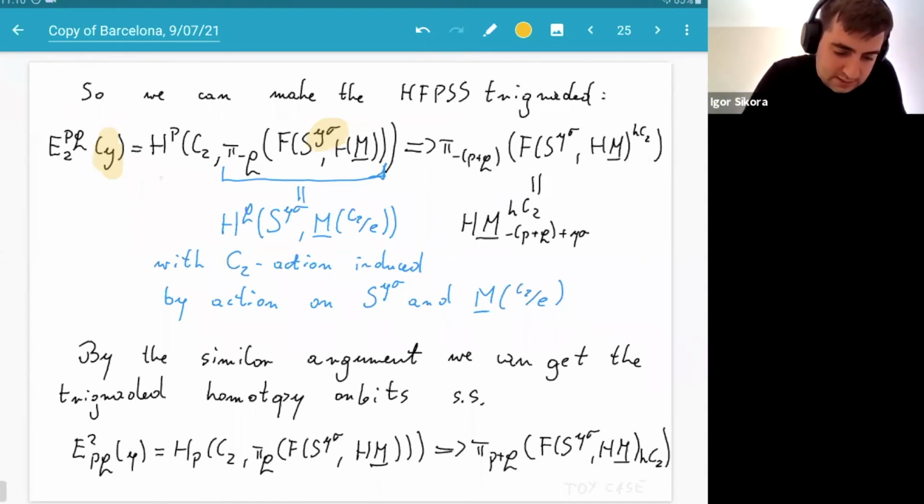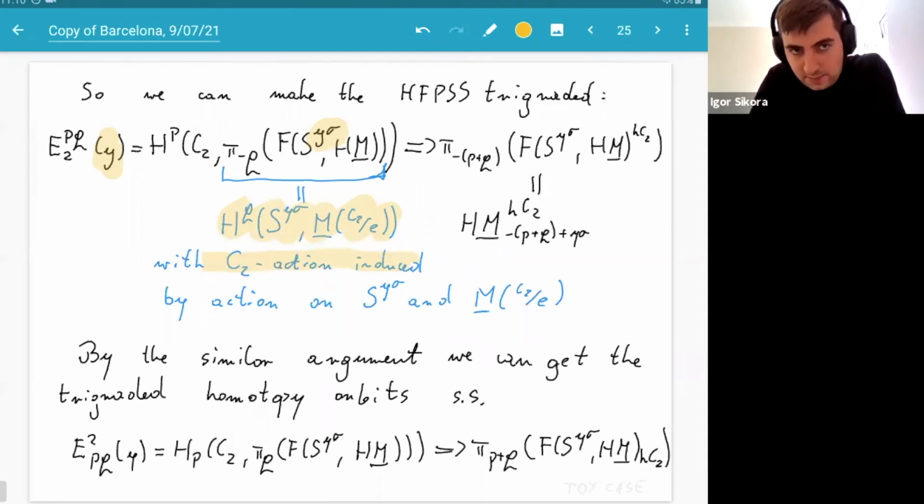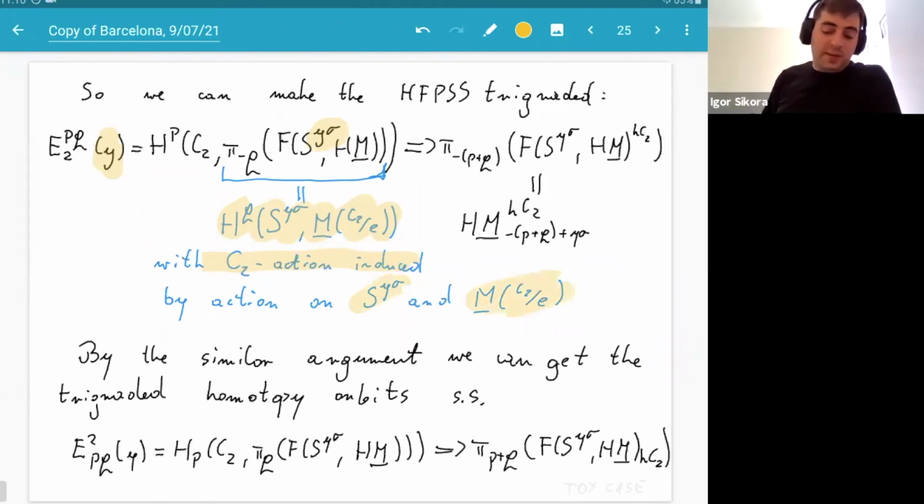So yet again, it takes as entry the group cohomology of C2 with coefficients in just the classical singular homology of S^{yσ} with coefficients in the bottom level of our Mackey functor. And the C2 action on this abelian group is given by the action on S^{yσ} and on the entry of the Mackey functor.